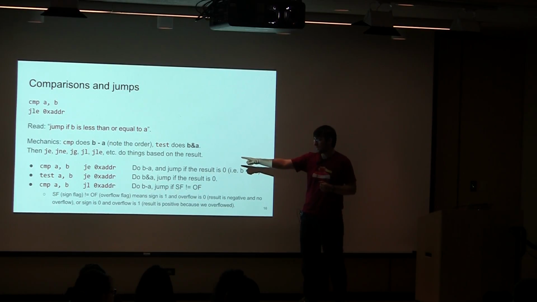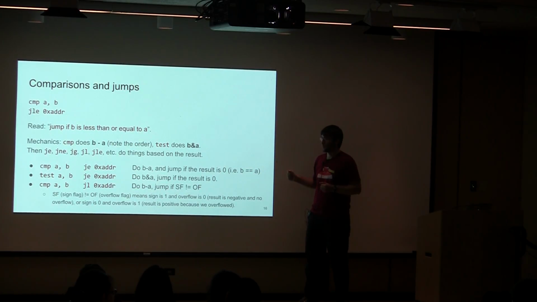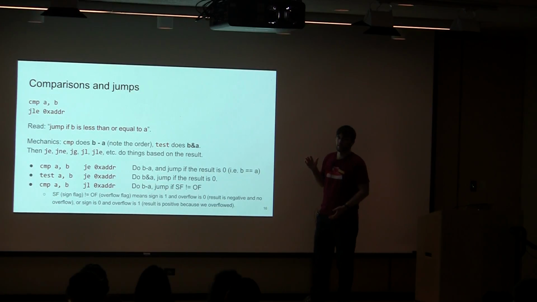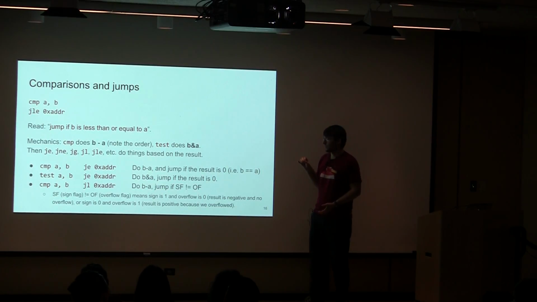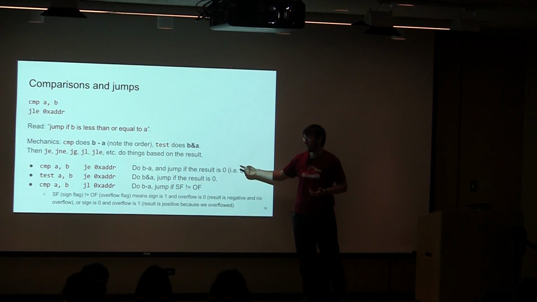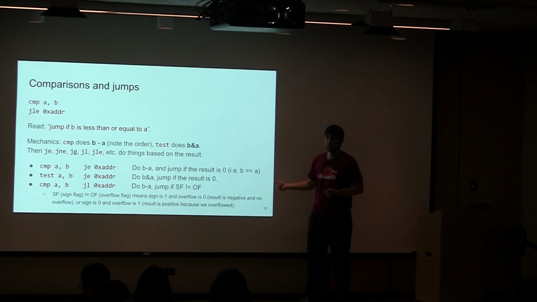So if you have test A B and then jump equals, that means we do A and B. And jump equals, if you look on the cheat sheet we'll give you, means it checks if the zero flag is set, which is only true if the result is 0. So it means jump if A and B is equal to 0, which would mean that A and B have no on bits in common, right? No ones in common.